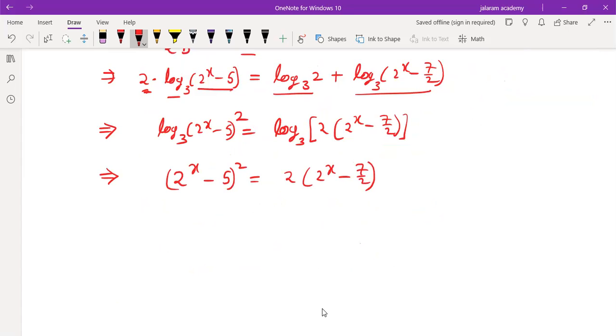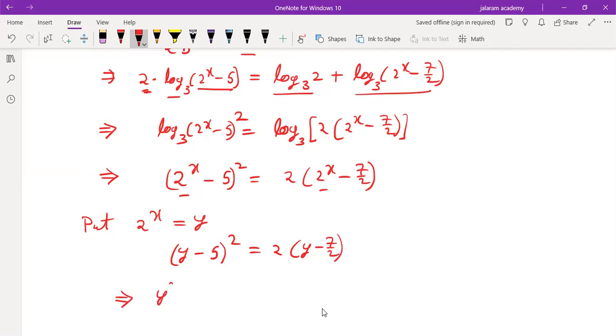Okay. Now there is only 2 to the power x. So to solve and simplify it, if we put 2 to the power x equals y, the equation becomes y minus 5 whole square equals 2 into y minus 7 by 2. It implies y square plus 25 minus 10y equals, open the bracket, 2y minus 2 into 7 by 2, 7 only.